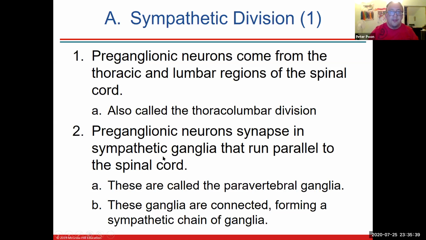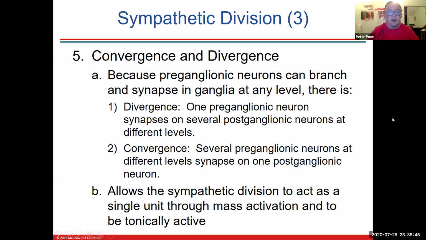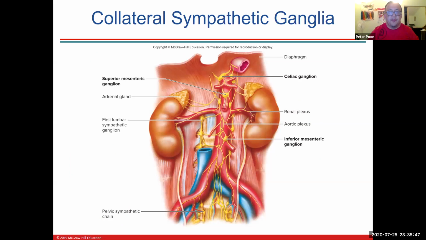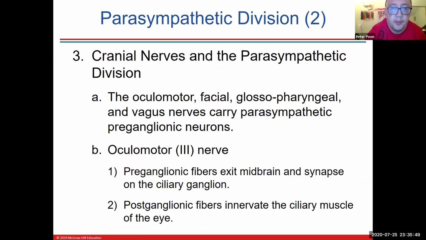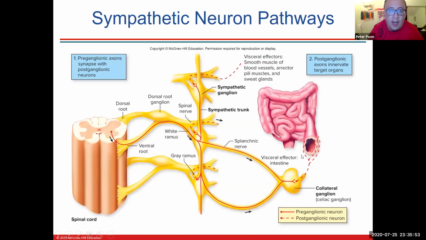Let me actually show you a really simple picture. The first chain of the sympathetic ganglion is very, very close to the spinal cord, and they all group together here, and that's called the sympathetic ganglion or sympathetic chain ganglion.